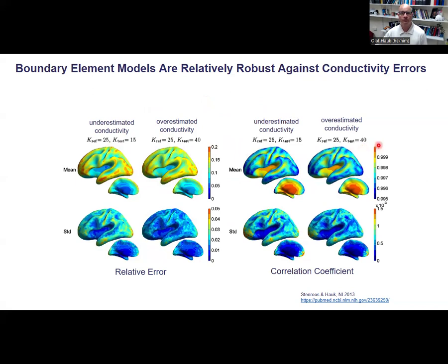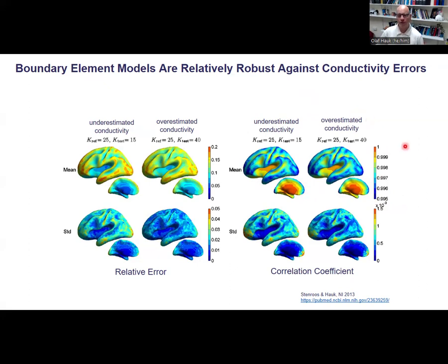But if we actually look at the correlations of the true topographies for dipole sources and those that we get with under- or overestimated conductivity, then look at the scale here. So we are always very close to 1. That means the conductivity of the skull mostly affects the overall amplitude of our signals, but not the shape of their topographies.